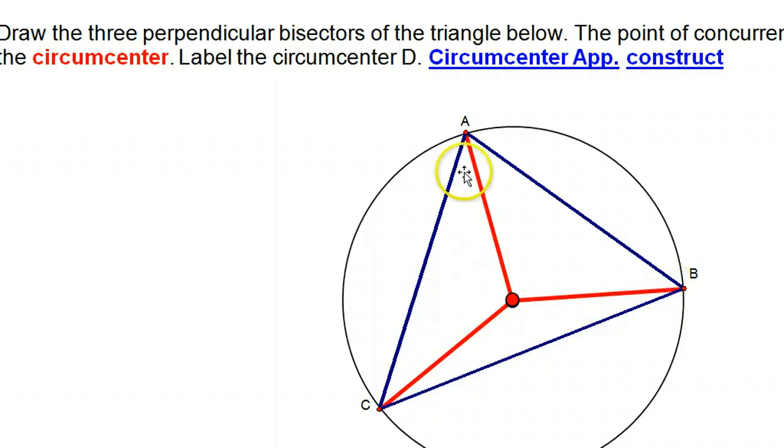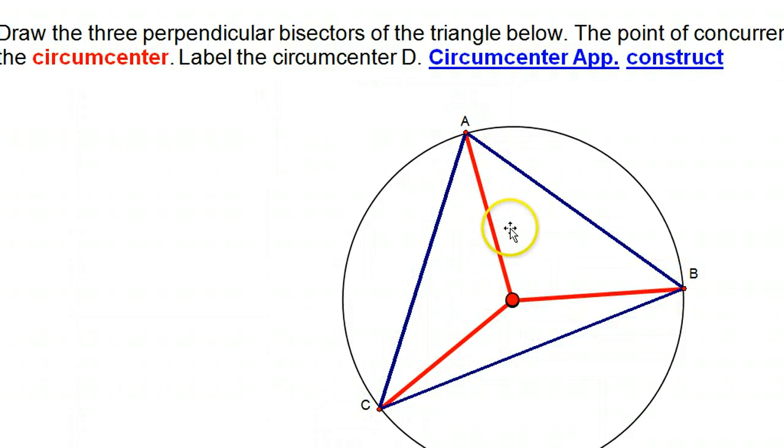And so no matter which direction I go, it's going to be the same distance. So if you have a circumcenter, then the distance from the circumcenter to each of the vertices is going to be equal. Alright, the distance to the corners will be equal, equal, equal.